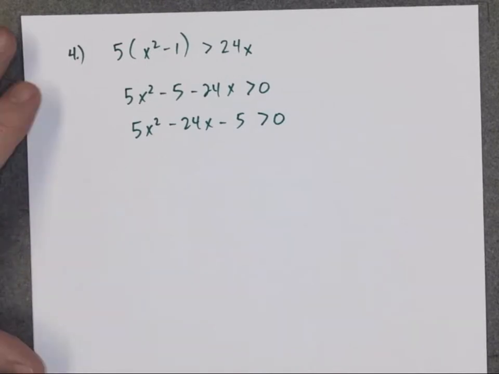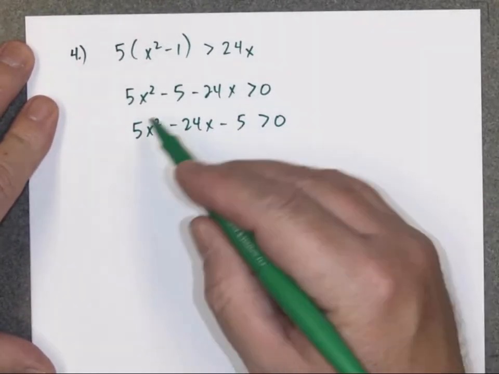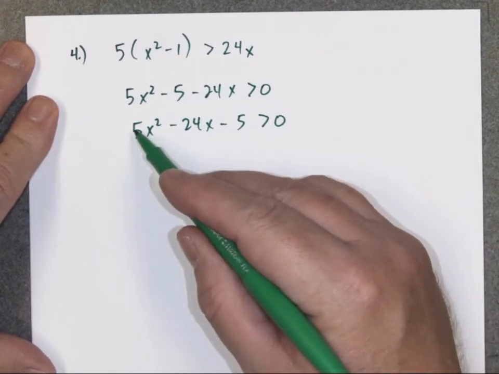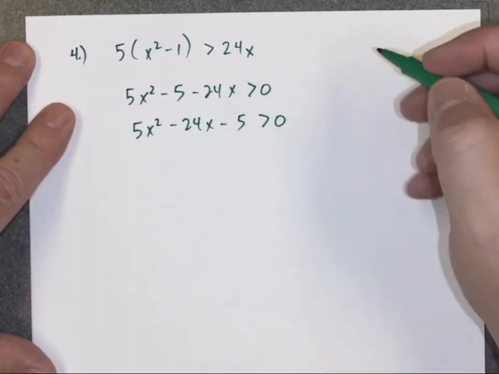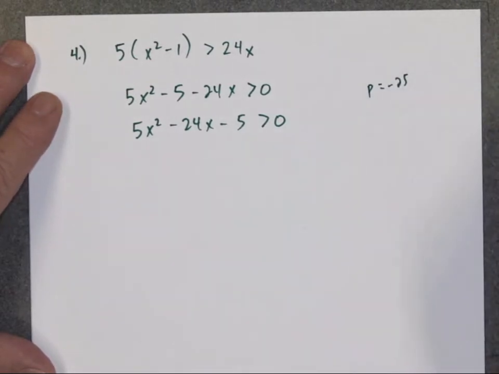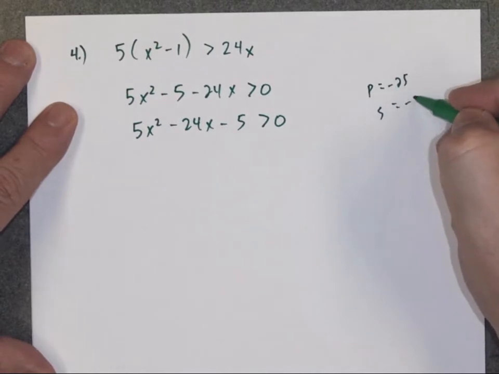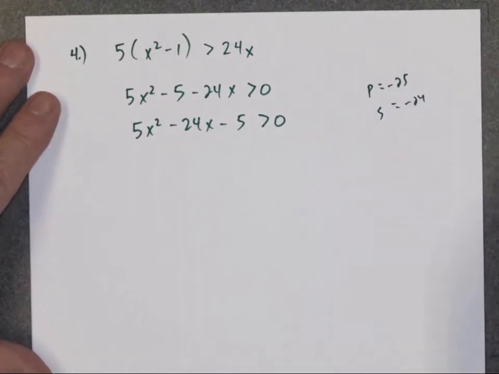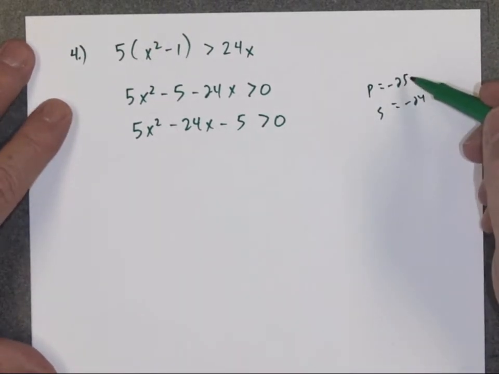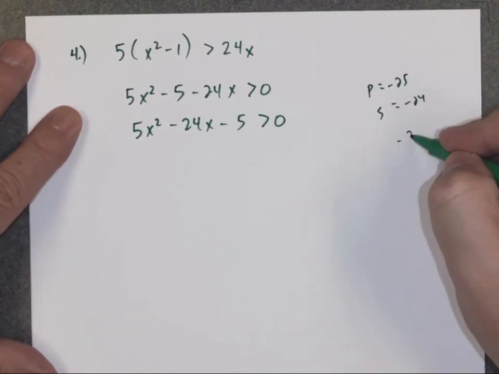Now I'm going to work off to the side because this is not one I can just do in my head. My product is 5 times negative 5, so my product is going to be negative 25. This is how I factor these trinomials. My sum is going to be negative 24. So two numbers that multiply together to equal negative 25, and when you add them, equal negative 24.